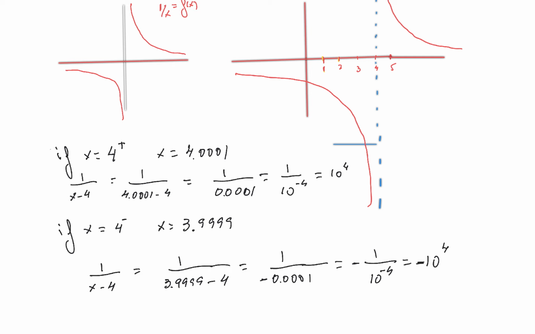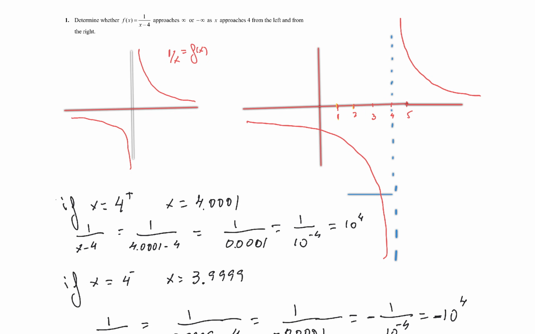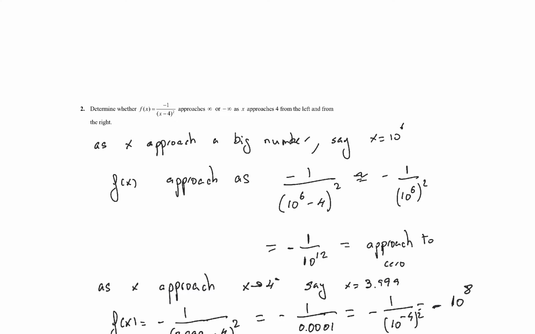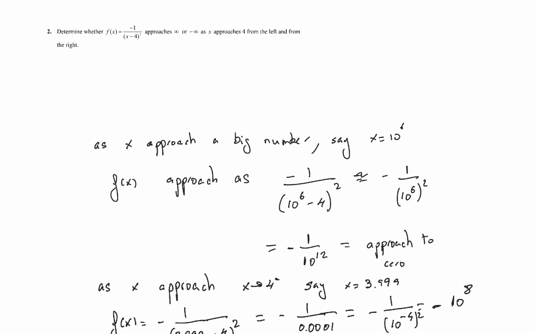When this happens, we say that we have x equal 4 as an asymptote. So we have answered this problem. Now let's go to problem number 2.